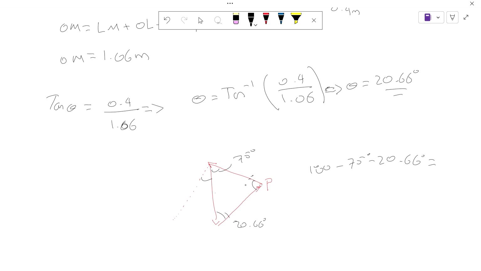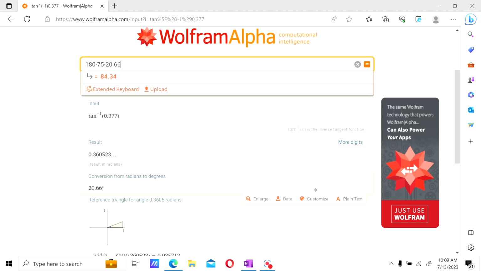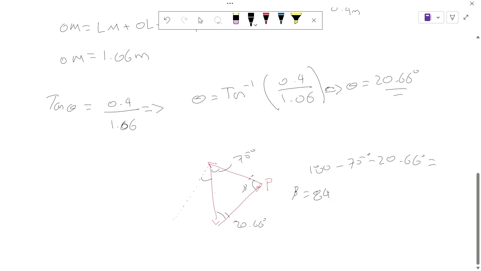So this whole angle beta is equal to 84.34 degrees.